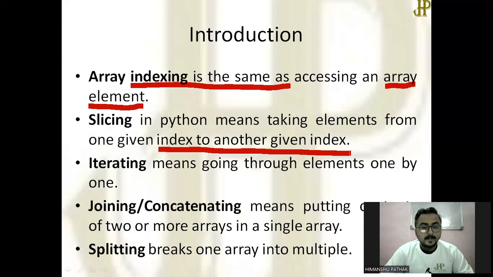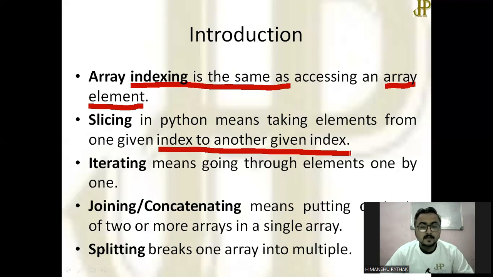Next one is iterating. Iterating means going through elements one by one from the first element to the last element. Joining or concatenating means if you have 2 or more NumPy arrays and you want to add them into a single array, then this functionality can be used.